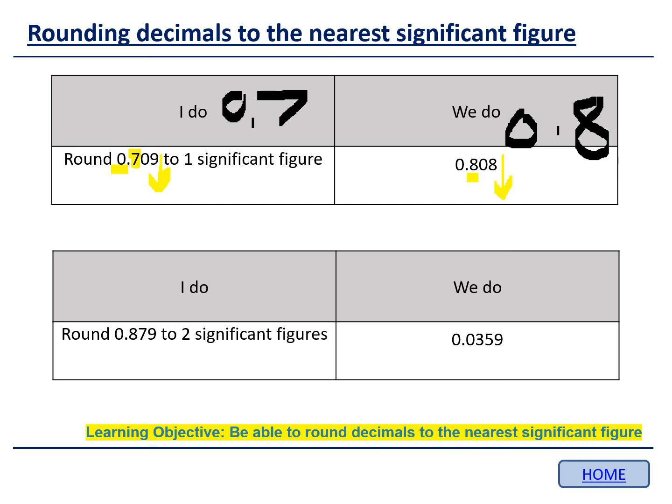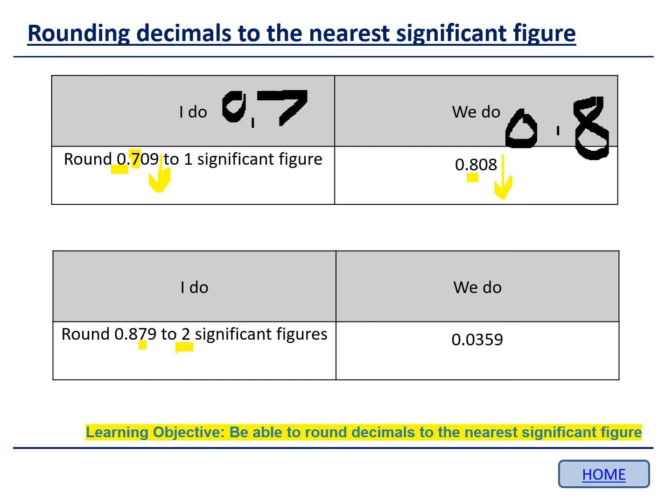Okay, that I do. Round 0.879 to two significant figures. So back to 2. We haven't done many of these. So now there's nothing in the ones. We're not looking at the 8 because that's one significant figure, which we've done a lot of. So now we're looking at this 7. Okay. So we don't have to worry about the ones and the tenths. We do need to look at the thousandths column though.